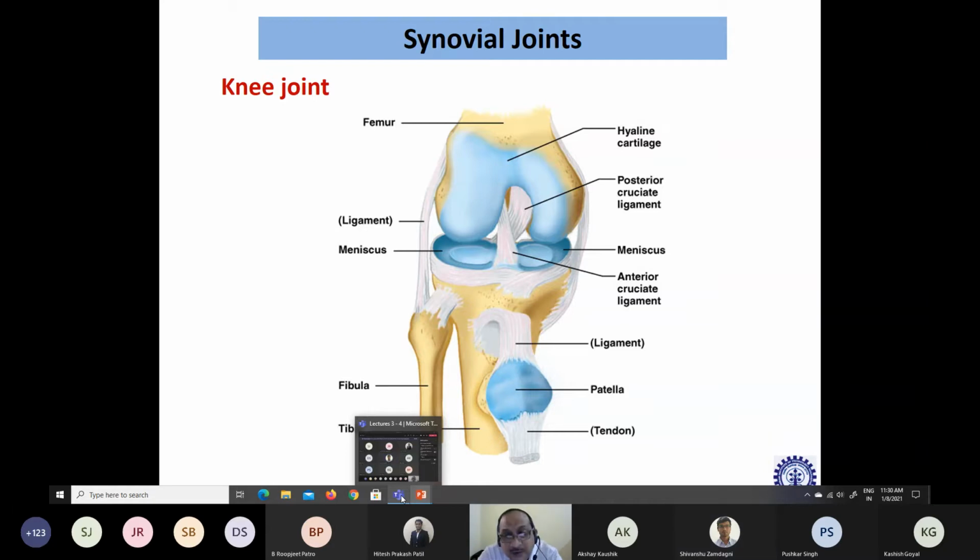If we consider one by one, let me first answer the function of patella. Students, please be aware that now I am presenting an overview of the musculoskeletal system. But we will be visiting each and every joint, hip and knee from the lower limb, and shoulder and elbow from the upper limb, in detail.